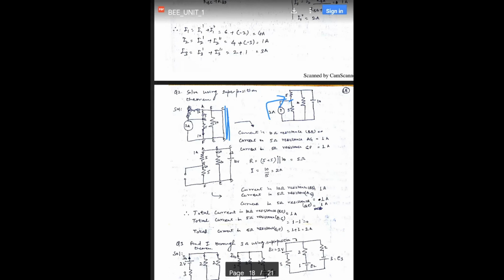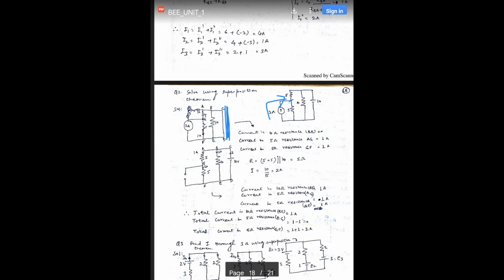Okay. So the current will not flow in this branch. Why so? Because it is having the short circuit path in the form of CD. Okay.